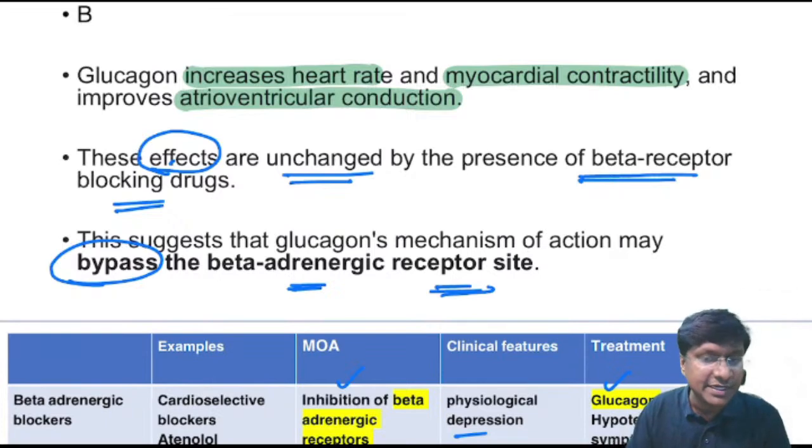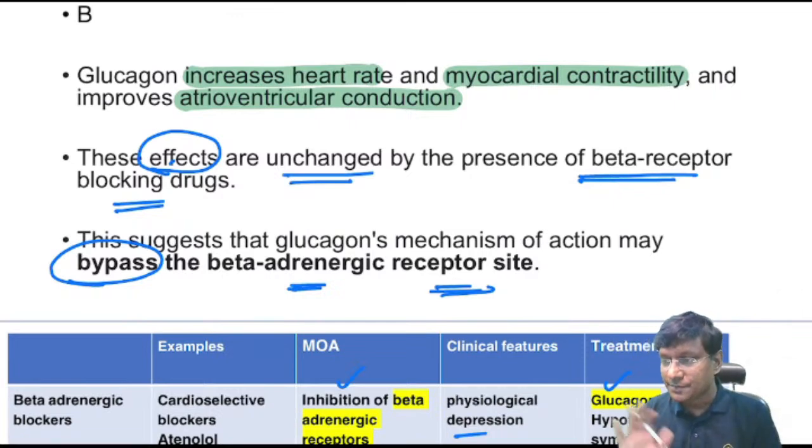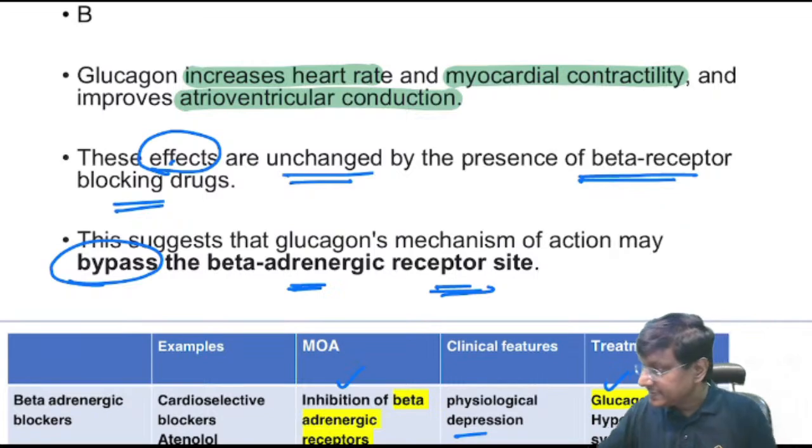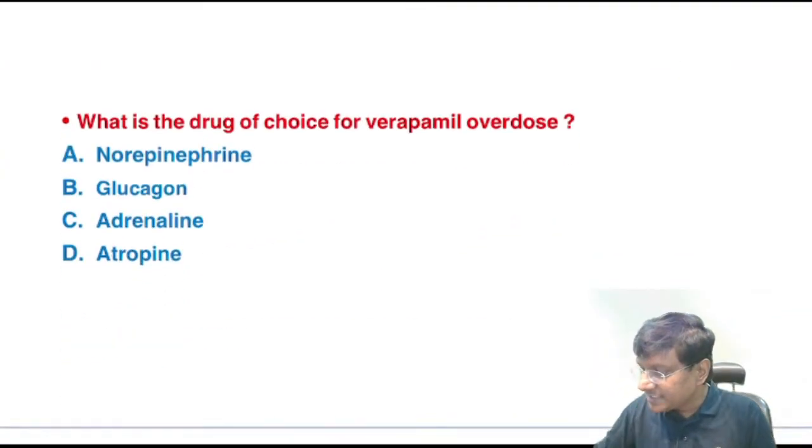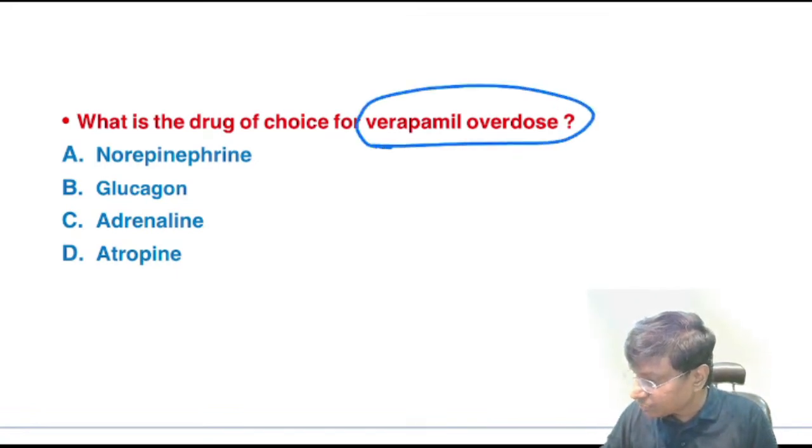That is the reason why we give glucagon as the drug of choice, not norepinephrine, not atropine, not epinephrine. Now the next important question: what is the drug of choice for verapamil overdose?